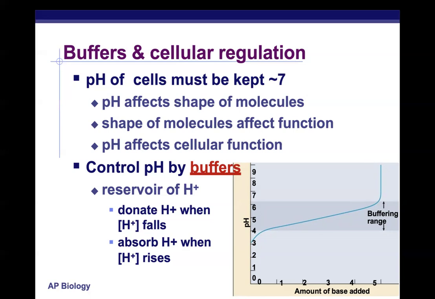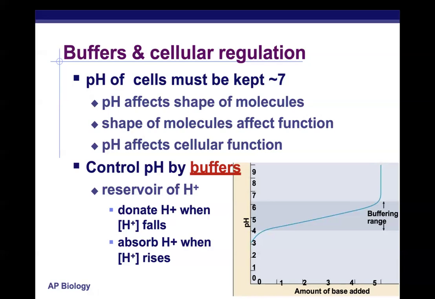In your bodies, pH is controlled or balanced by things that are called buffers. And buffers are substances that balance out pH, that are able to donate hydrogen ions when the hydrogen ion concentration of the solution they're in falls, or they absorb hydrogen ions when the hydrogen concentration rises beyond a certain point.